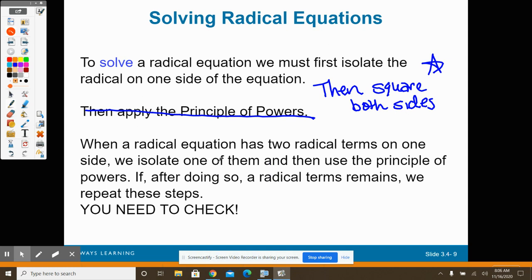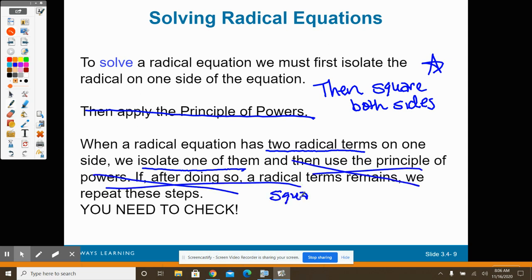Now, sometimes there's going to be a radical equation that has 2 radicals, and that stinks. Okay, when there are 2 radicals, you have to isolate one, square both sides. Isolate one of them, square both sides.